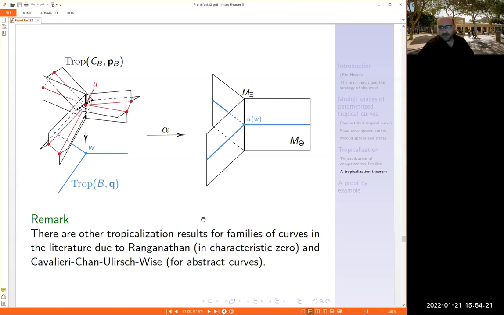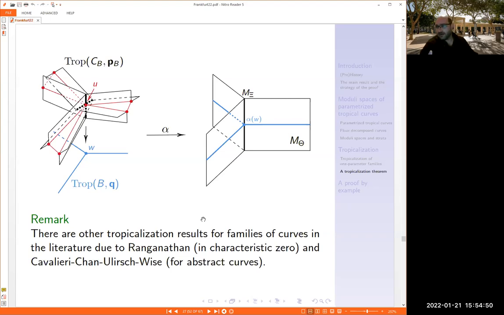Okay, so let me just mention that in fact tropicalizations of families of curves are well studied in several settings: in log setting, in non-log setting, for high dimensional families. So this is a rather active business. There are works of Ranganathan, of Cavalieri, Chen, Ulrich, and Weiss that develop these things for their own purposes, in different categories.